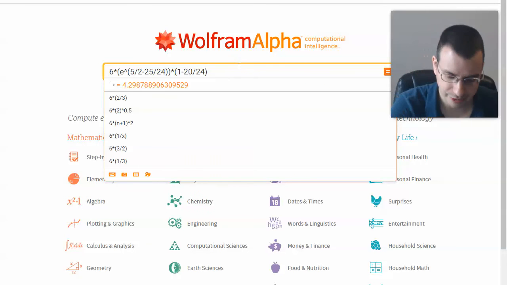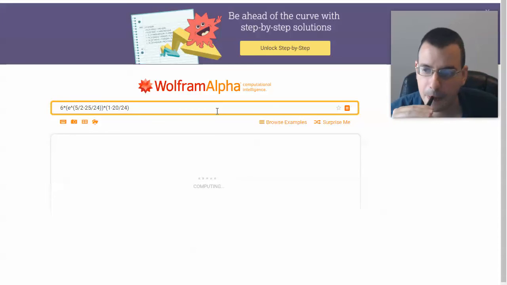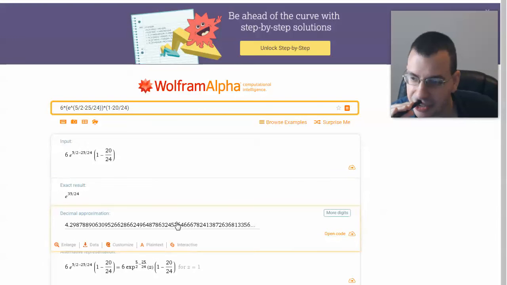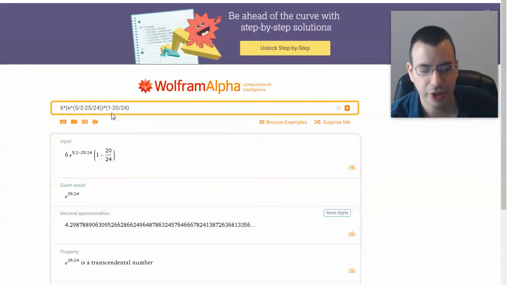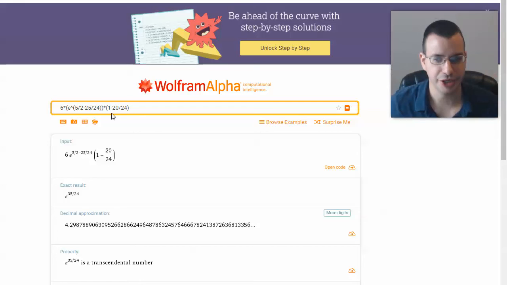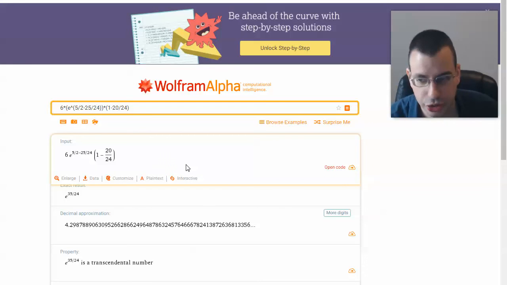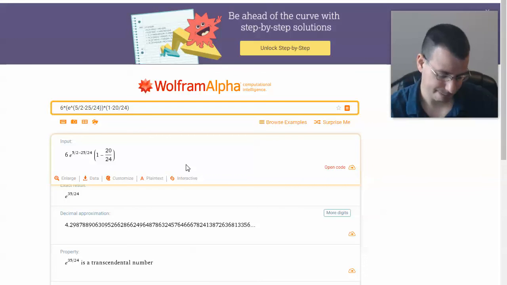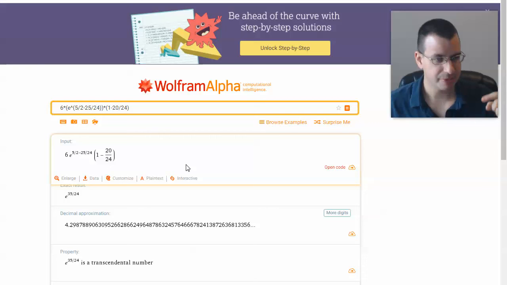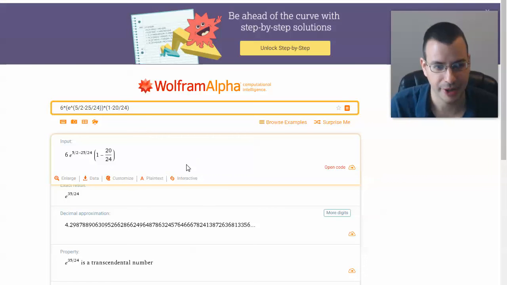I'm sure I could simplify that, but I'm not going to. It's kind of a balance between when to simplify and when not to, because you don't want to make a mistake while simplifying, but you also want it simple enough that you can put it into your calculator without making a mistake.